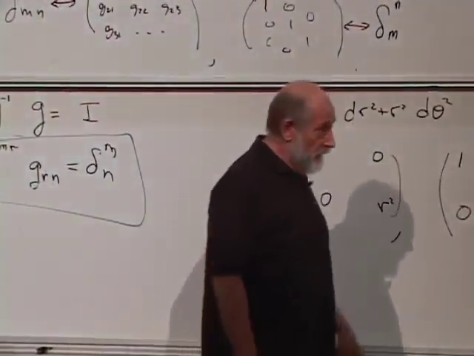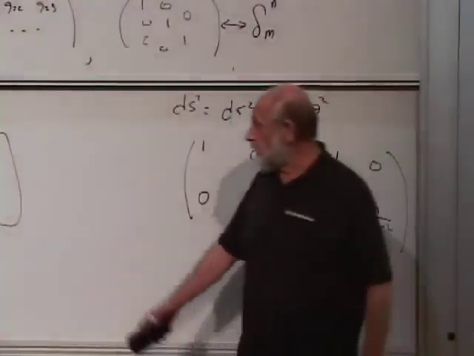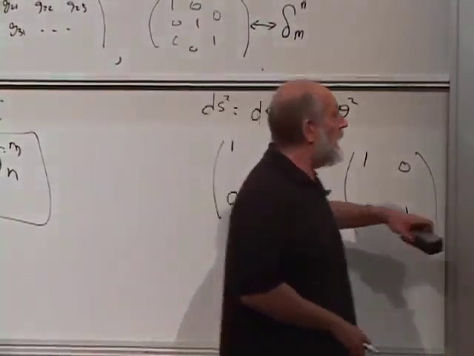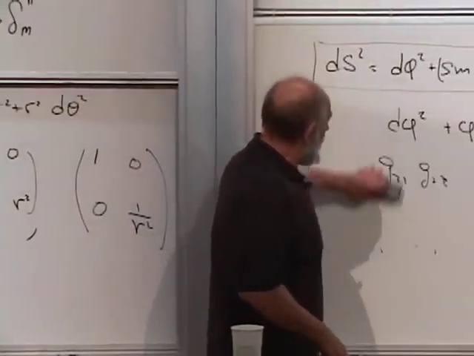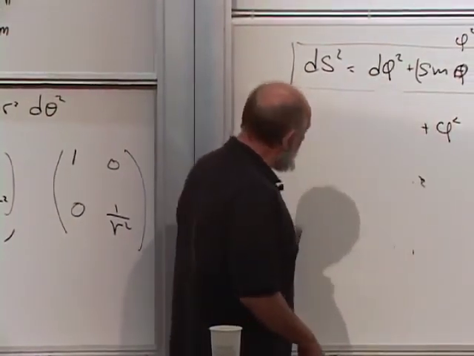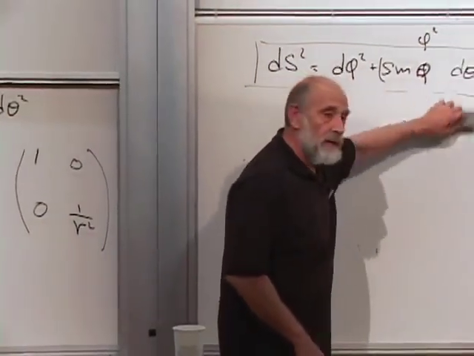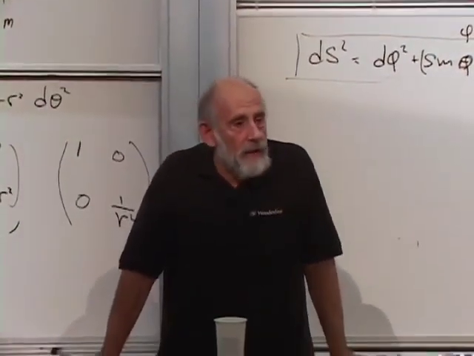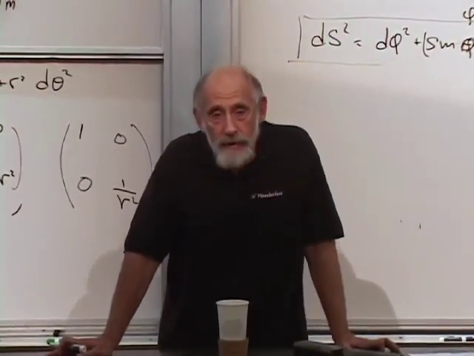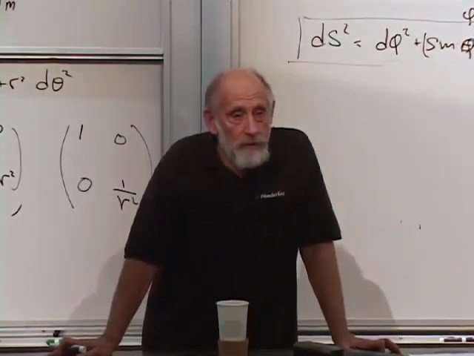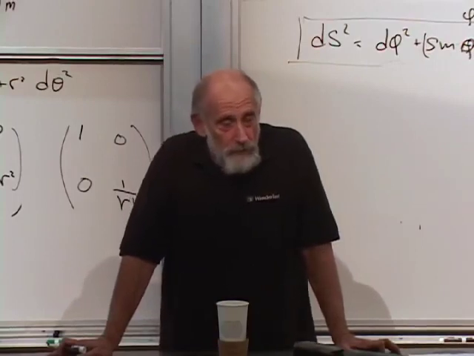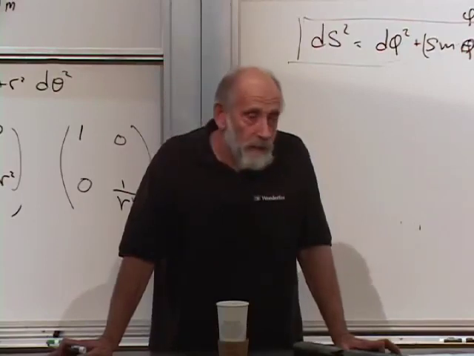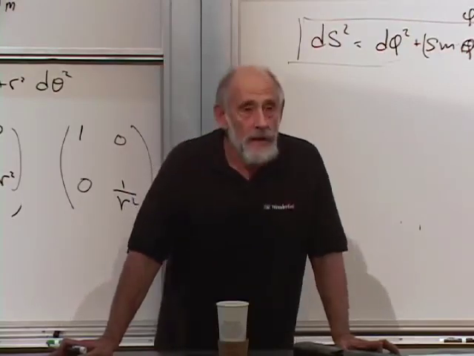Now, once you have this metric in covariant and contravariant form, you can start playing games and write mappings that relate covariant and contravariant vectors. In fact, you can define for every set of contravariant components a set of covariant components, and think of them as contravariant and covariant components of the same vector. Here's the rule.